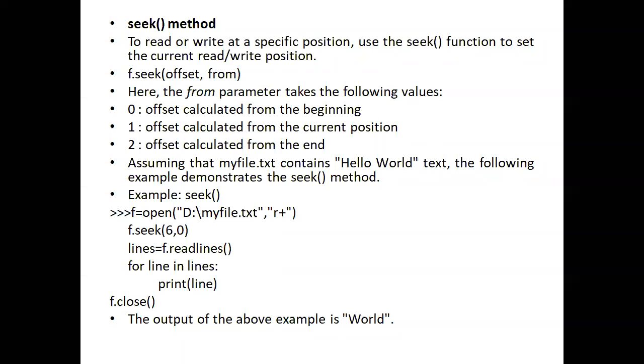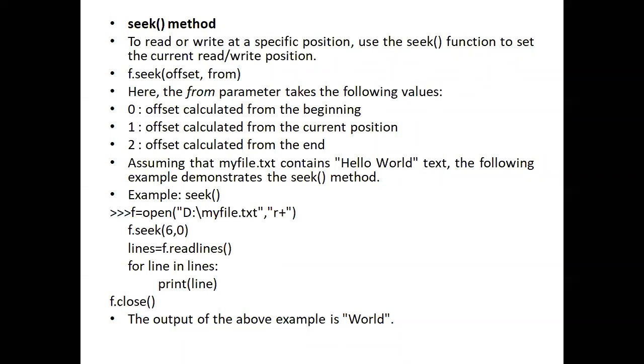If I want to insert or modify anything in a file at a particular position, then we go with the seek method. The functionality of seek is that it moves the file pointer to the specified position.